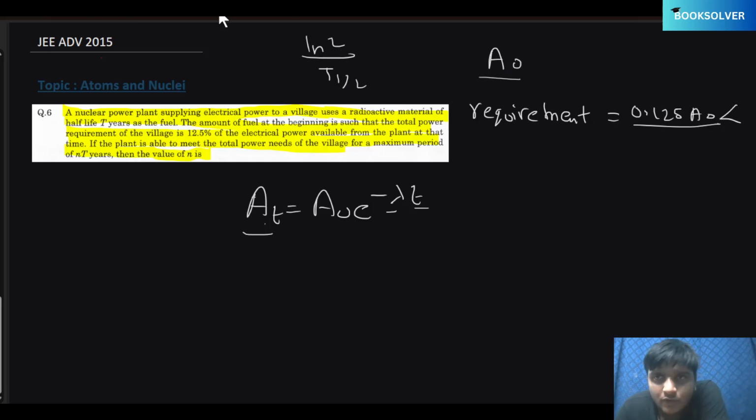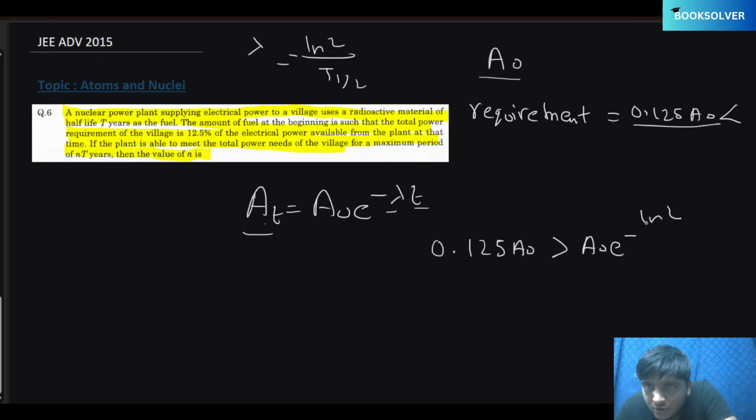So let me write the proper equation: 0.125 times A naught should be greater than A naught e to the power minus lambda t, where lambda equals ln 2 by T, times the time.